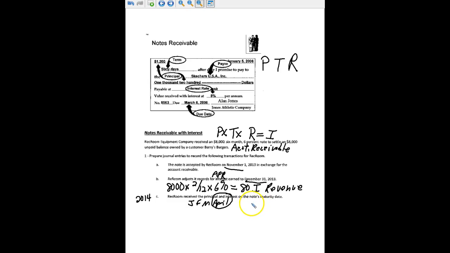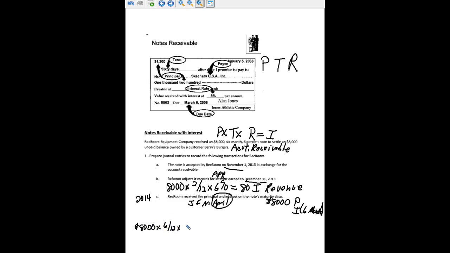So let's think through, what all are they collecting? So they're going to collect the $8,000 of principal, but they're also going to collect 6 months of interest. So let's calculate that 6 months. So principal is $8,000. Time is 6 out of 12 months.